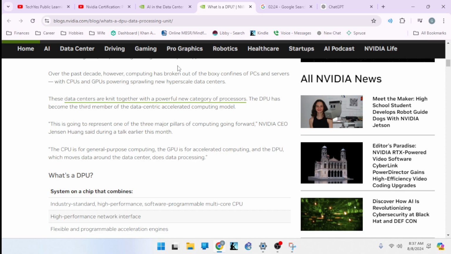This is going to represent one of the 3 major pillars of computing going forward, NVIDIA CEO Jensen Huang said during a talk earlier this month. The CPU is for general purpose computing, the GPU is for accelerated computing, and the DPU, which moves data around the data center, does data processing.